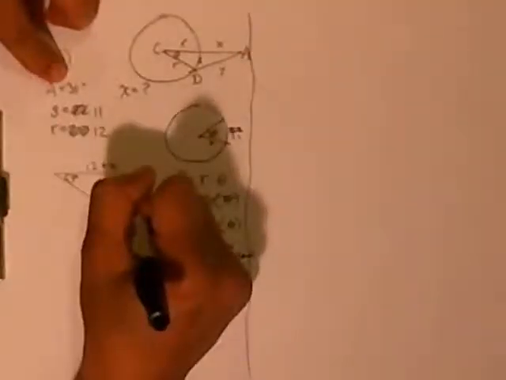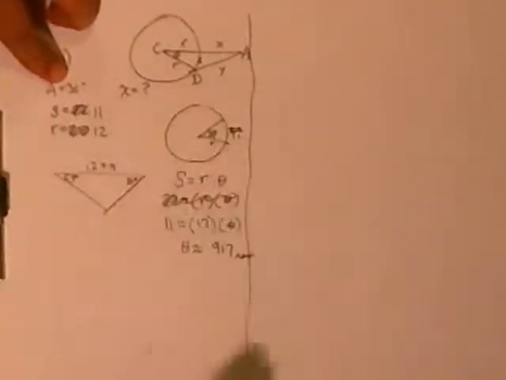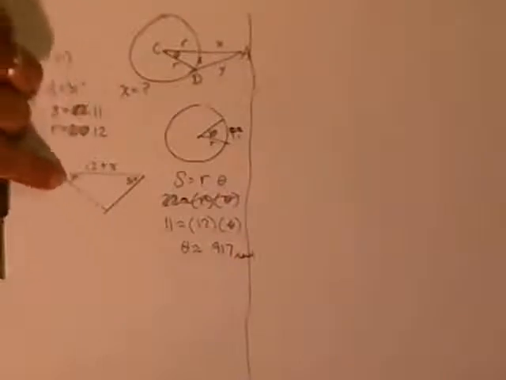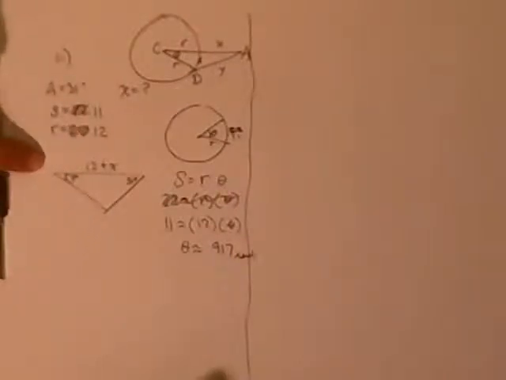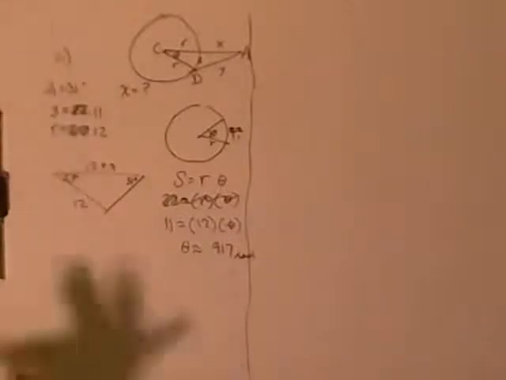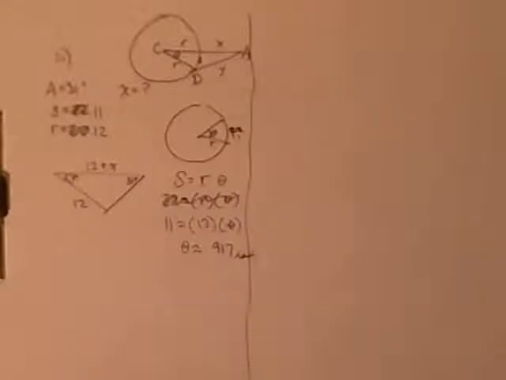They also give you angle A, which is 31 degrees. They also give you this length right over here, which happens to be our radius, which is 12. Using the angle sum theorem, 180 minus 53 minus 31, and that's going to be 96 degrees.